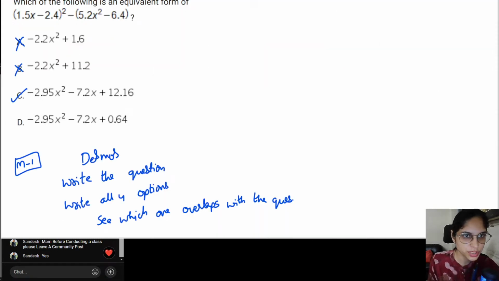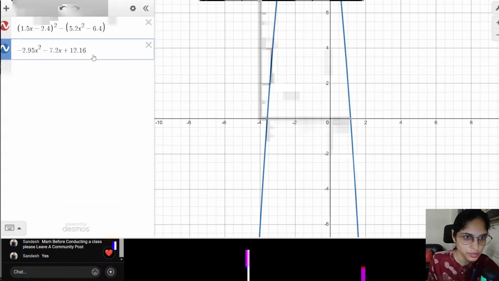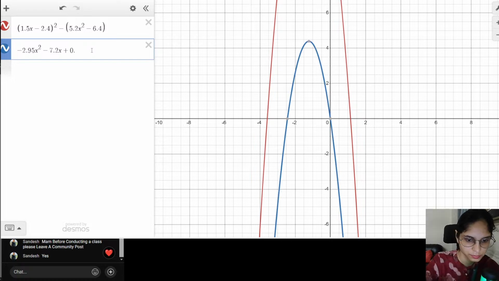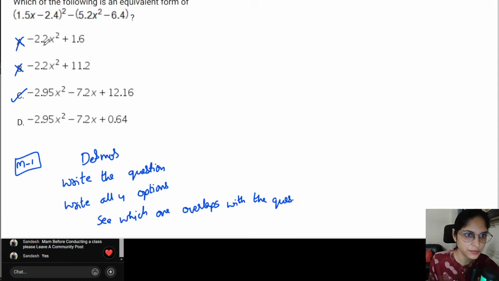So this is the correct option, but just to be sure, you just write 0.64 here. It's a different graph, so this is also not the one. So this is the one because you won't have to solve, because these are decimals. They're difficult to solve. Method 2 is you can do it by your hand. For this particular question, I will prefer Desmos.